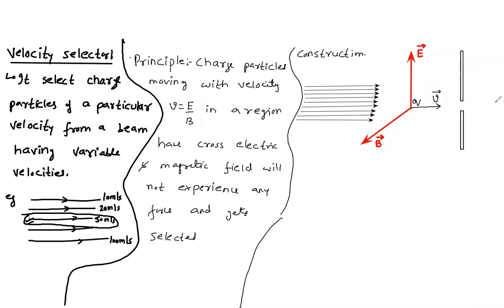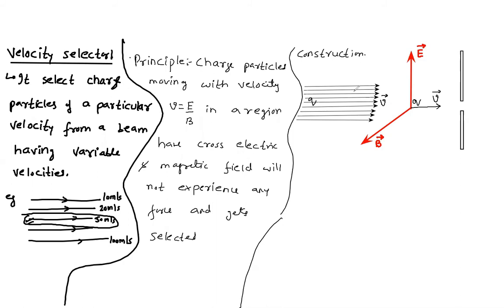These are the walls. Charged particles cannot penetrate this wall. Charged particles can pass through this wall only through this small opening. And the electric and magnetic fields are mutually perpendicular. This is a beam of charged particle Q moving with a velocity. This is the simple construction.